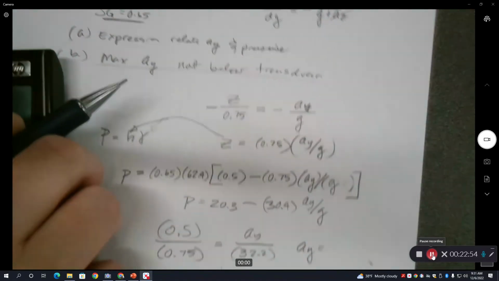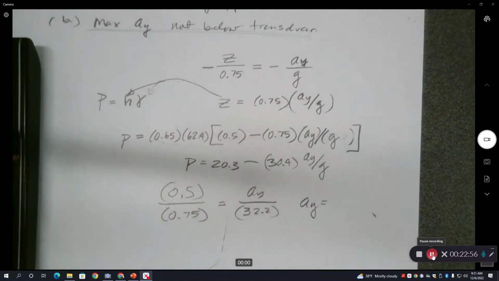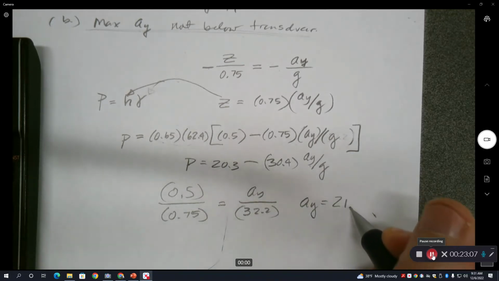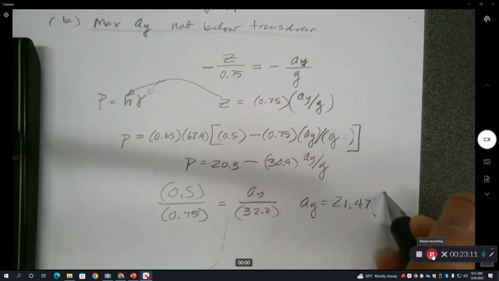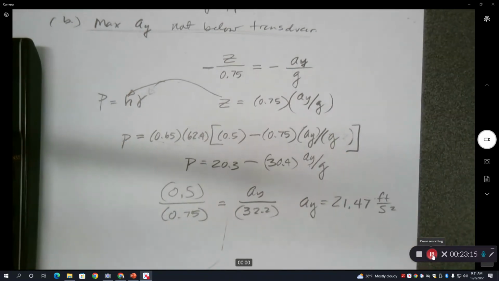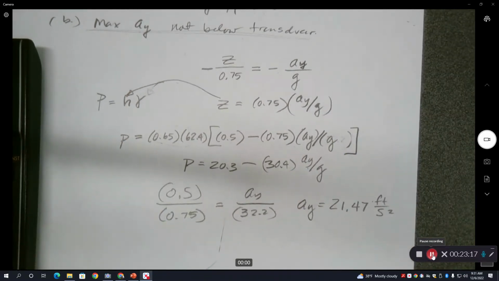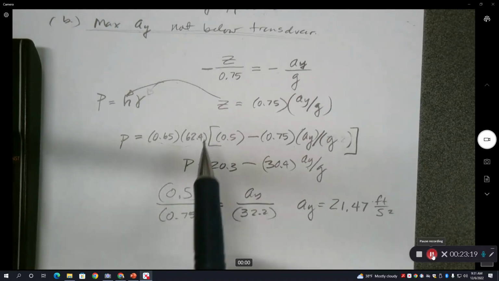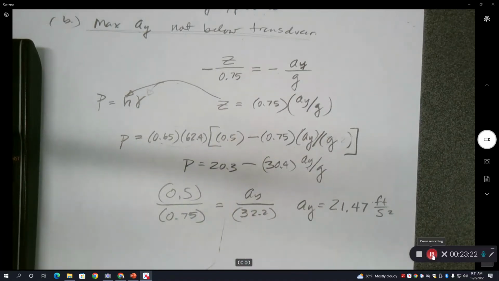So, yeah, we just go 32.2 times 0.5 divided by 0.75. So ay should be like 21.47 feet per second squared. So they become simple problems. I overcomplicated it by looking at their overcomplication of the thing.